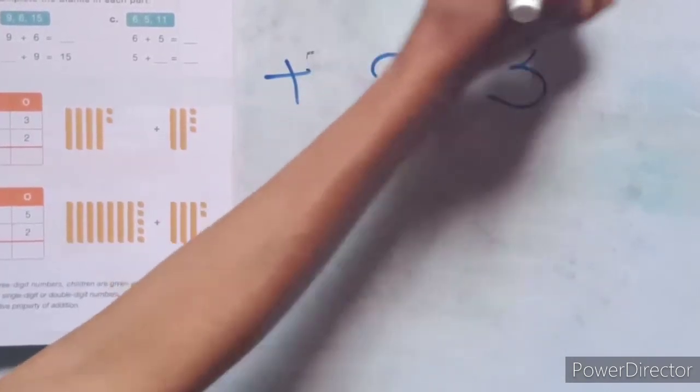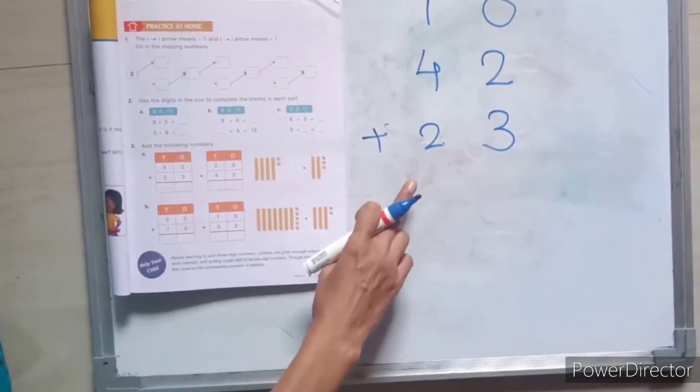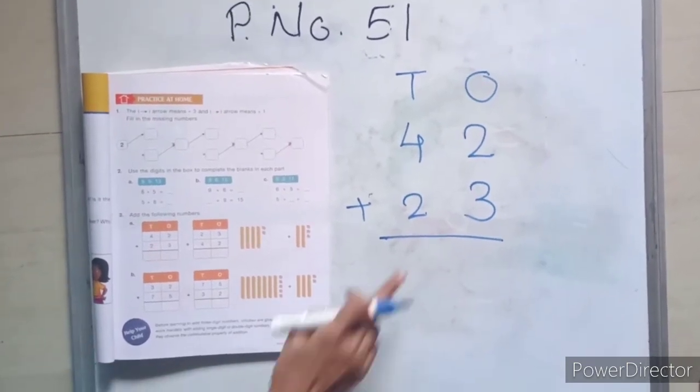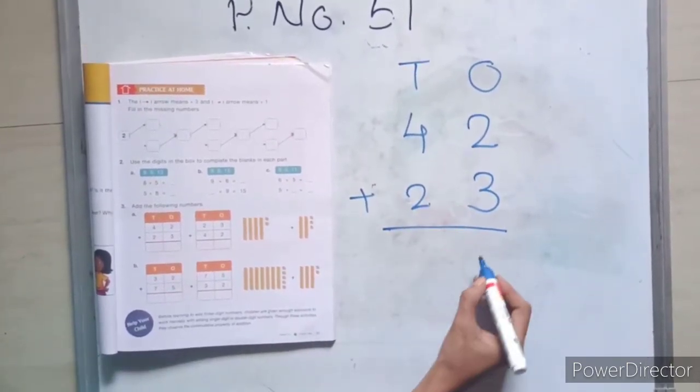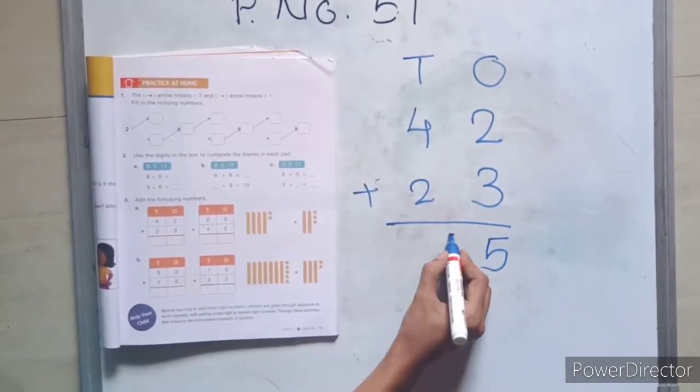Here is the tens place. Now, you know this is the ones place, this is the tens place. So, now we have to add this. 2 plus 3, 5 and 4 plus 2, 6.